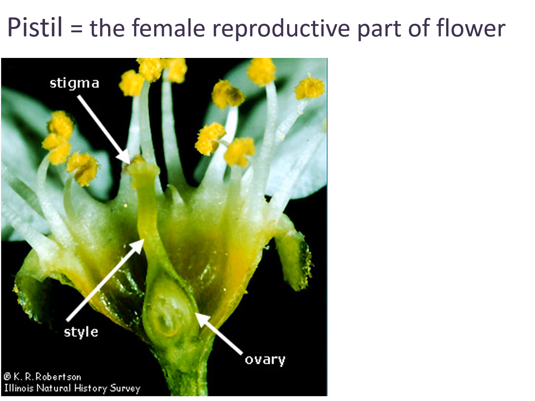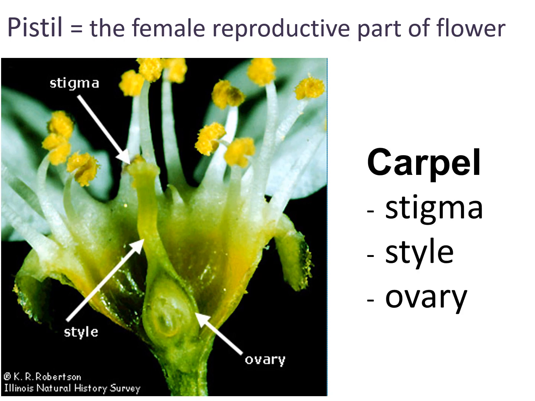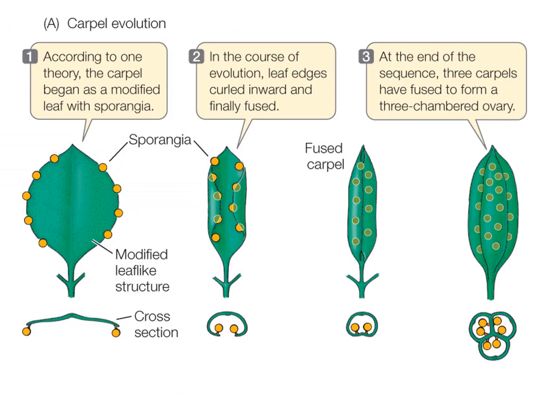The tube goes inside the style to release the sperm cell to the egg cell in the ovary. The ovary will then develop into fruit. Sometimes we call the pistil, the female organ, the carpel. So carpel and pistil have the same meaning, and are also composed of stigma, style, and ovary.